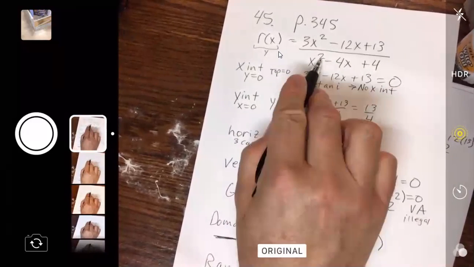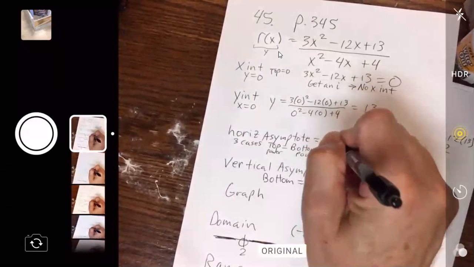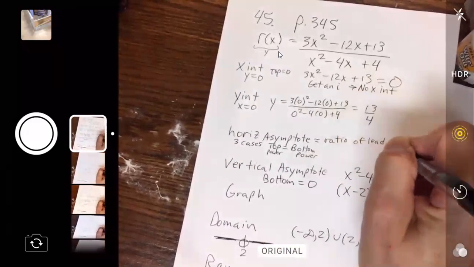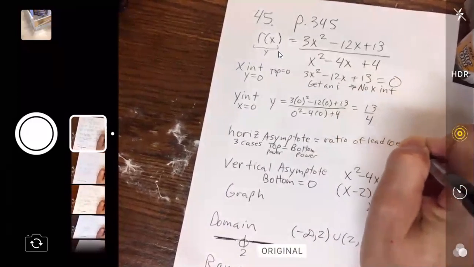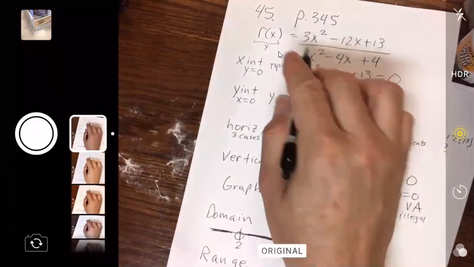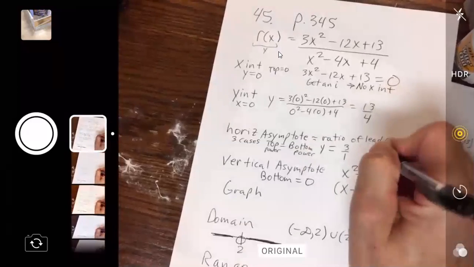See, they're both x squared. That means it's the ratio of lead coefficients, which means it's 3 over 1, or y equals 3.